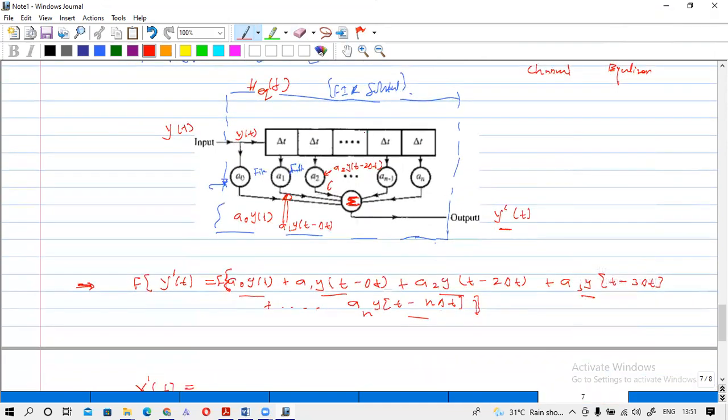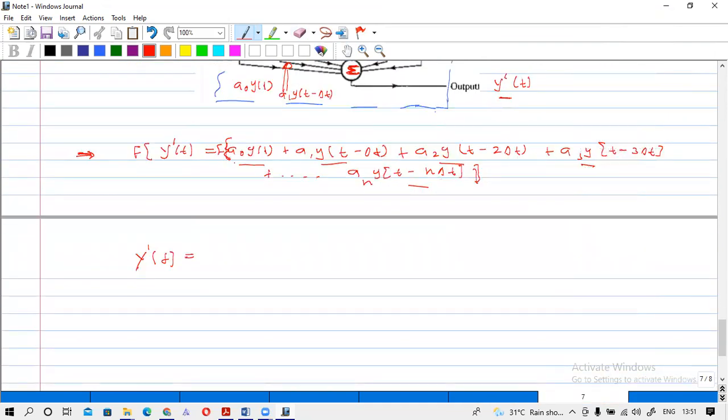So I'm not going to separately write the Fourier transform terms; I will write the Fourier transform directly. The Fourier transform of a naught y(t): a naught is a constant, and the Fourier transform of y(t), our input signal, let's say it is capital Y(F).